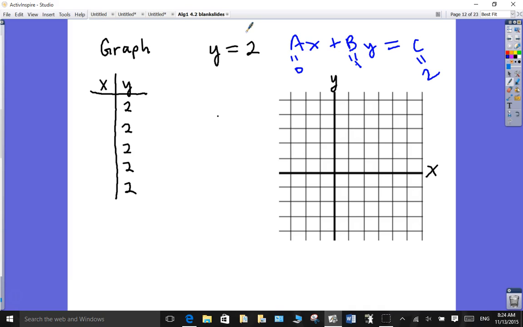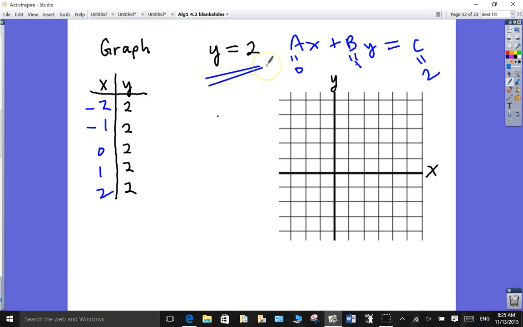But we know that for every point I graph, the y coordinate is going to be 2. So again, we can pick x values to put in there. Let me pick -2, -1, 0, 1, and 2, and graph those 5 points. There's nothing for me to plug in here, right?